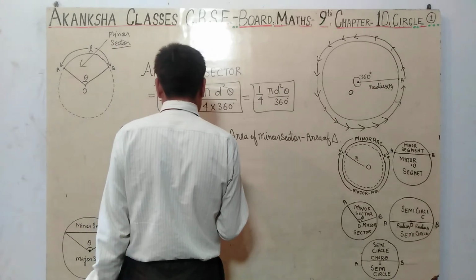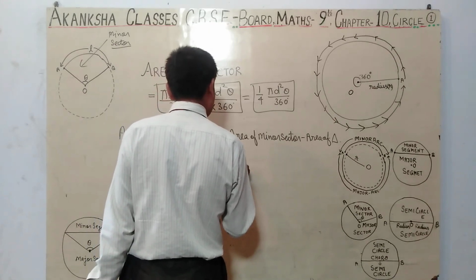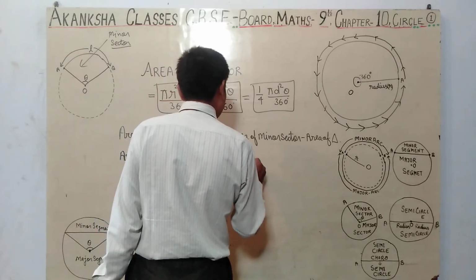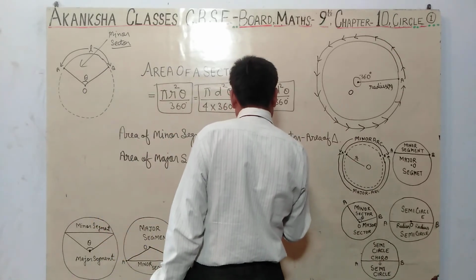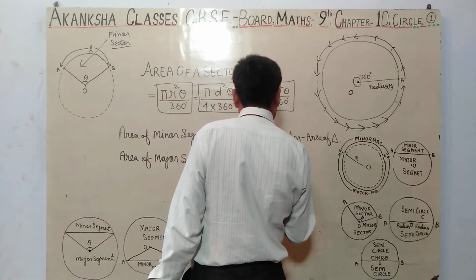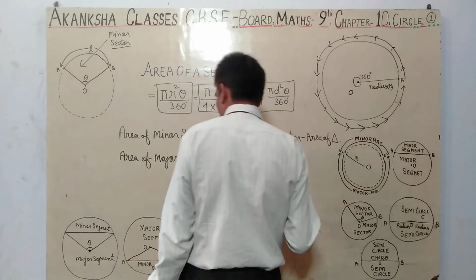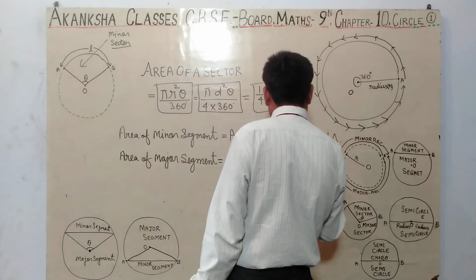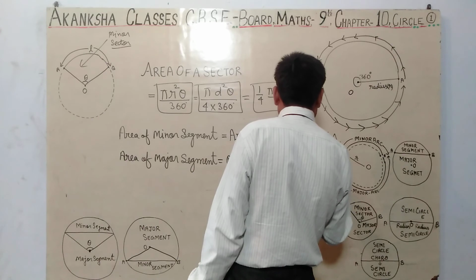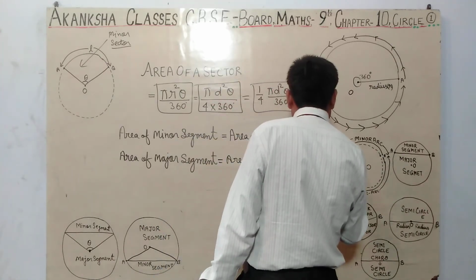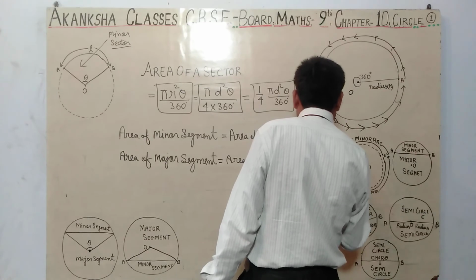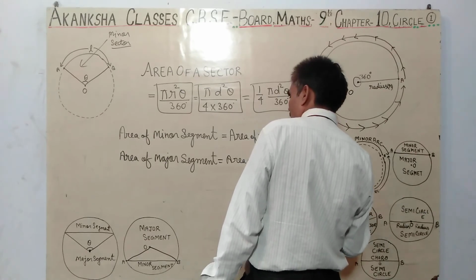Area of major segment equals area of circle minus area of minor segment.